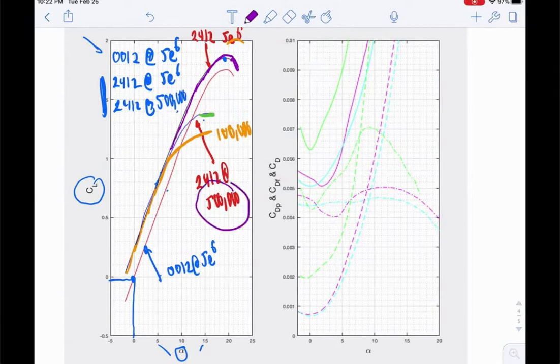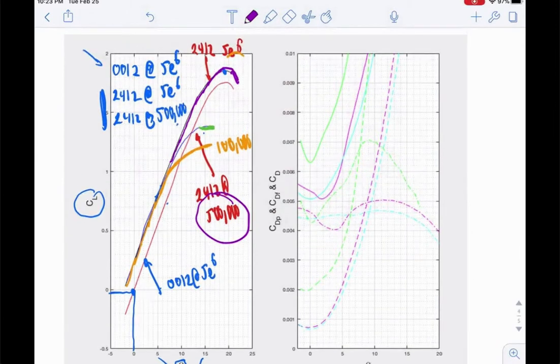At 500,000, I don't know exactly what I had in this case, but I'm expecting nearly fully laminar flow on the upper and lower surface. Or let's say it's at least 50% laminar and 50% turbulent in the boundary layer. So laminar to about halfway down the foil. Whereas this case right here, I'd be expecting nearly the entire foil to have turbulent boundary layers.